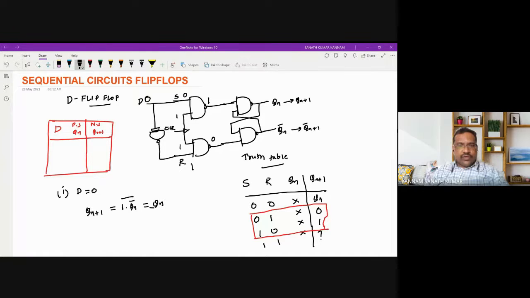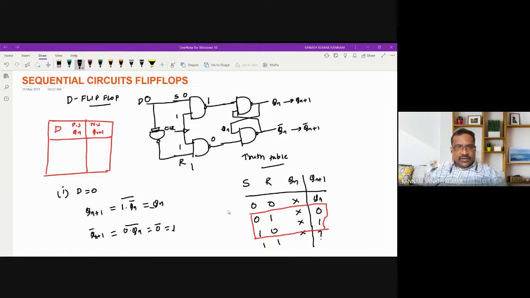So we don't get any output this way, and we need to check Qn plus 1 bar. For Qn plus 1 bar, one input is 0, and the other input is Qn. 0 into Qn whole bar, 0 into something is 0, and 0 bar equals 1. So you got Qn plus 1 bar as 1.